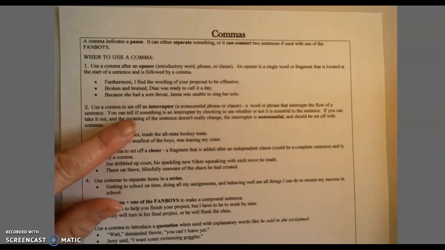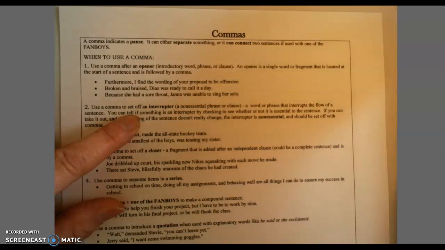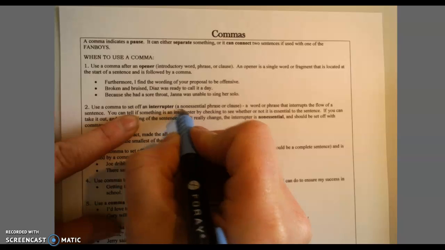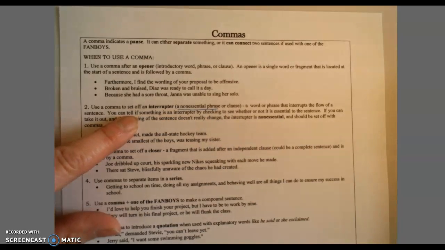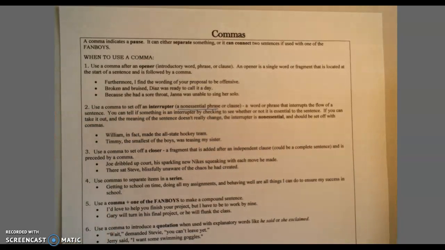We use commas to set off an interrupter, which is a non-essential phrase or clause. And we talked about non-essential phrases. A non-essential phrase or clause is not necessary in the sentence. It interrupts the sentence. It doesn't need to be there. It doesn't add vital, important information that makes the sentence clear.